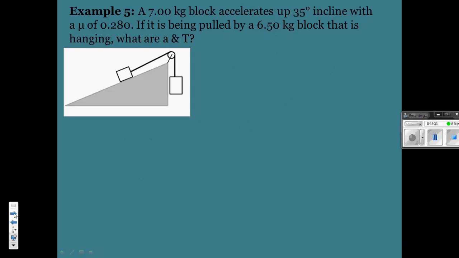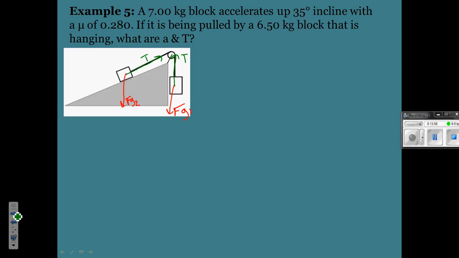So let's do a problem. First, we're going to draw our free body diagram. And our F_g is also our F_g2. Notice our tension is here where it has been before.